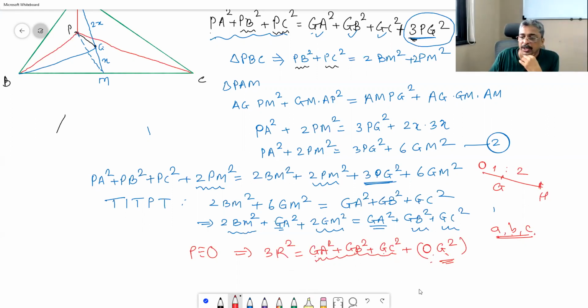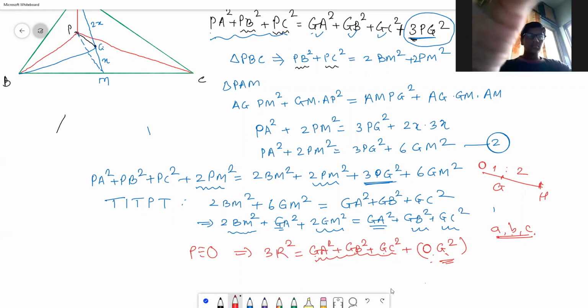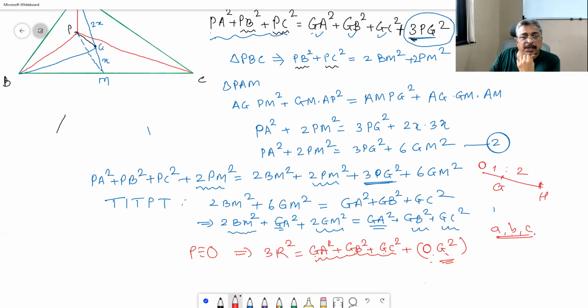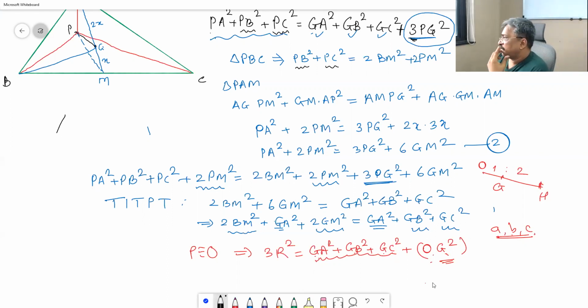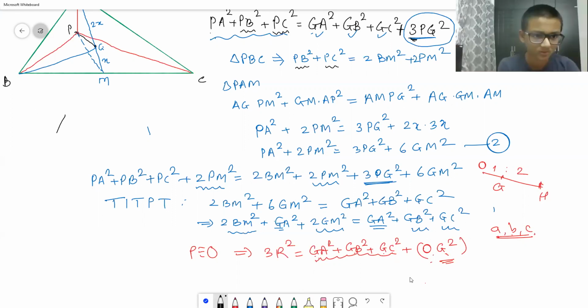I leave it to you because it is a long calculation which you need to do, and in the remaining time I have to construct triangle ABC using capital R, small r, R1. It was last year's problem, no?